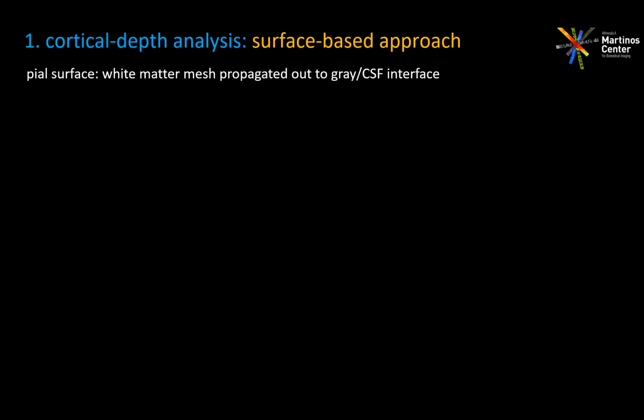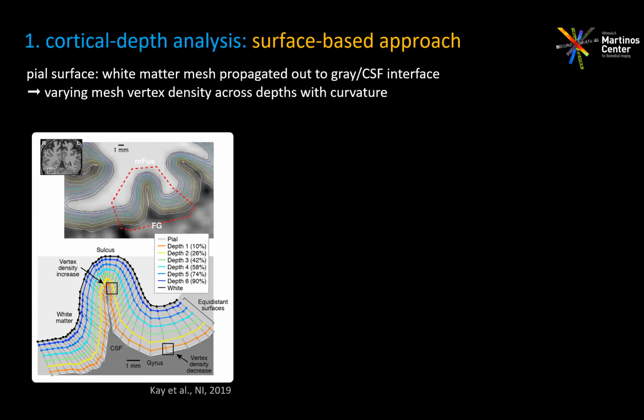This topological correspondence that I just mentioned comes from the fact that the PL surface is actually made by taking the white matter surface mesh and propagating it towards the gray matter and CSF interface. But the downside of that is that we end up with meshes that have varying vertex density across depths with curvature. So this is a great figure illustrating that.